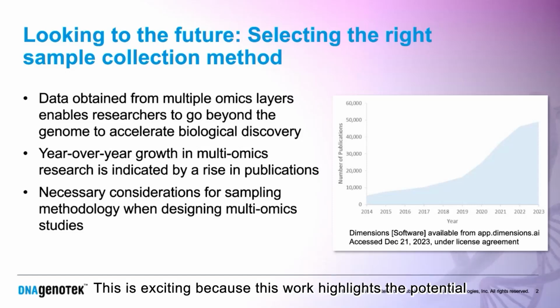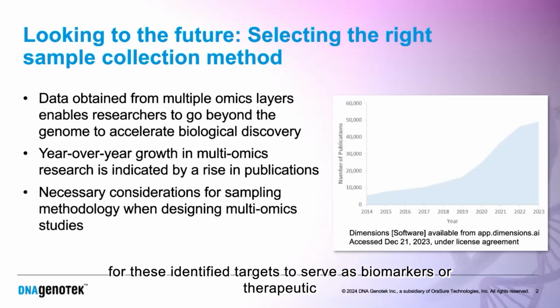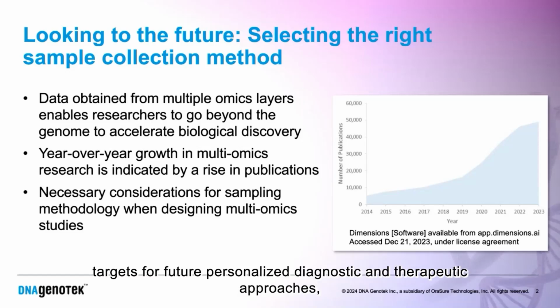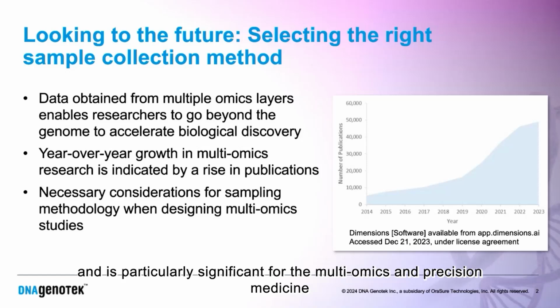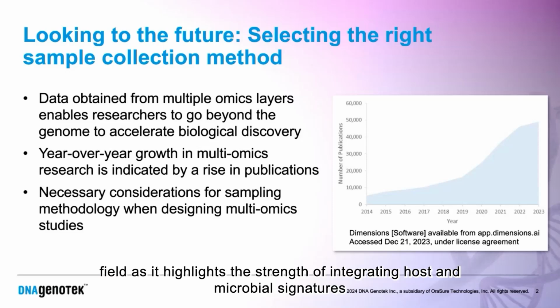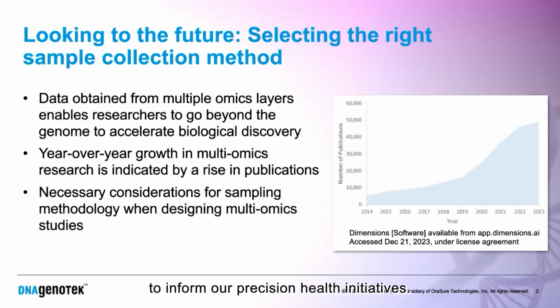This is exciting because this work highlights the potential for these identified targets to serve as biomarkers or therapeutic targets for future personalized diagnostic and therapeutic approaches, and is particularly significant for the multi-omic and precision medicine fields, as it highlights the strength of integrating host and microbial signatures to inform on precision health initiatives.